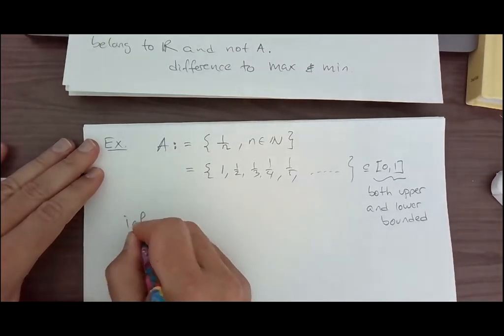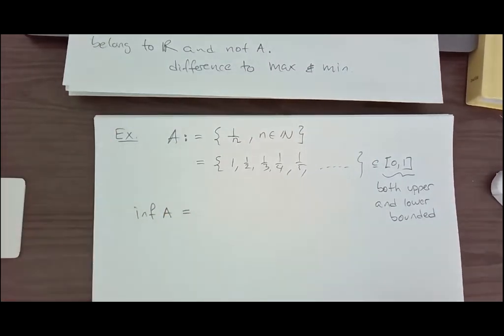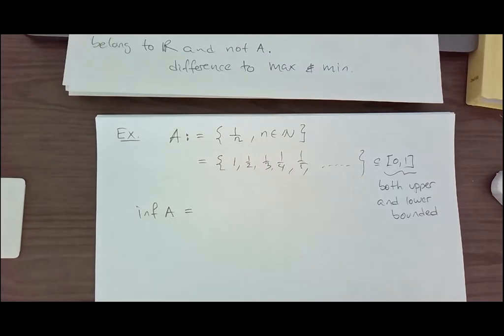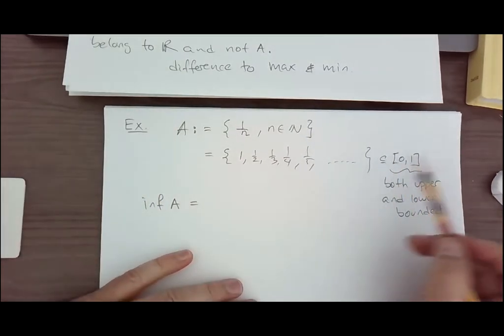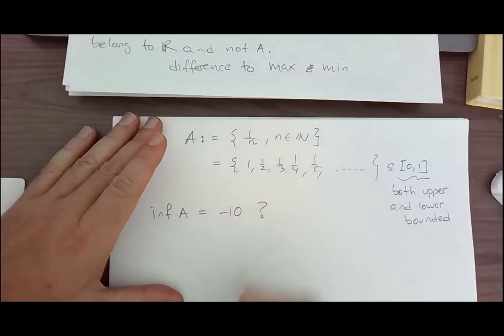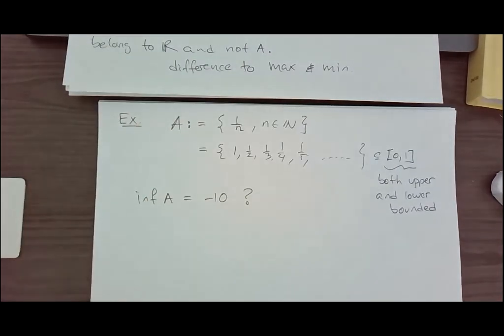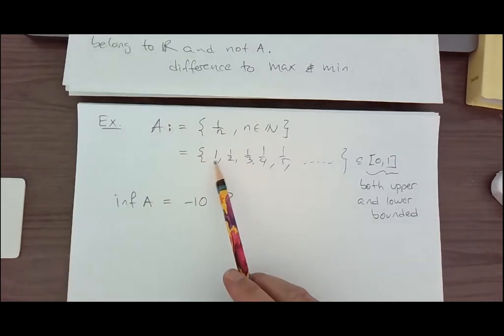So what is the infimum? The infimum is going to be a small number, and it's going to be the biggest small number. We could start out with, say, minus 10. Would that be a good infimum? Is it a small number? To be a small number, it means that it has to be less than or equal to everything that we have in here.